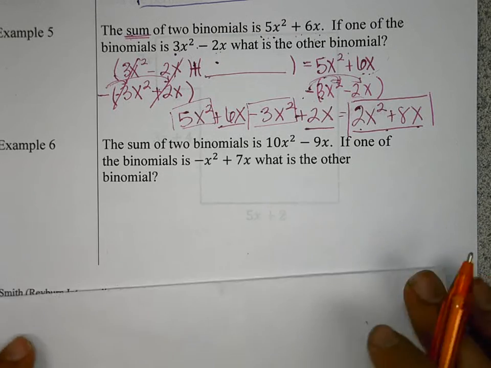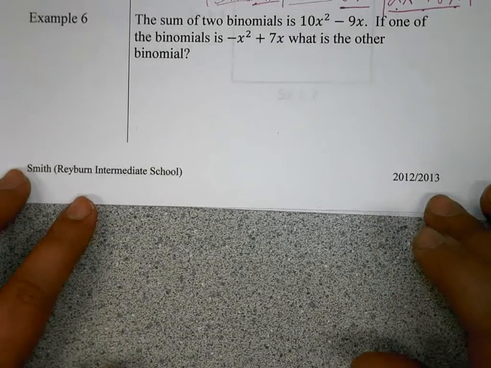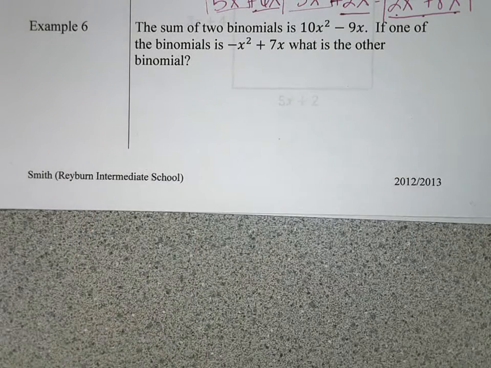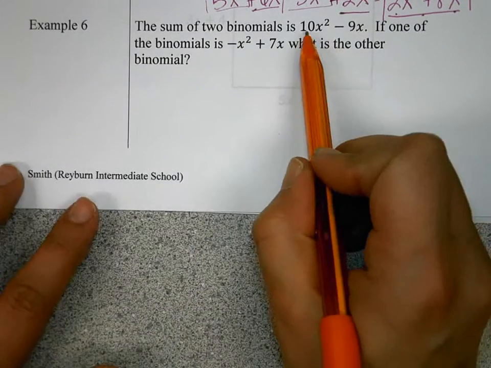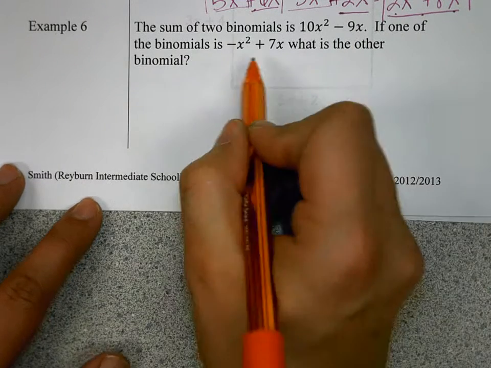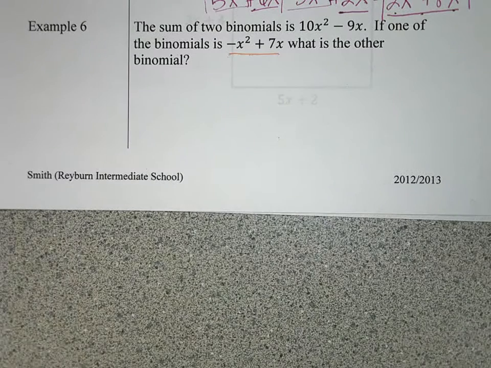Example 6. The sum of two binomials, so the answer is 10x squared minus 9x. If one of the binomials is negative x squared plus 7x, what is the other binomial?